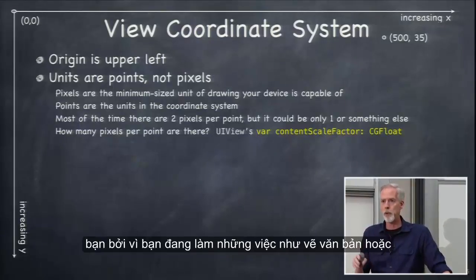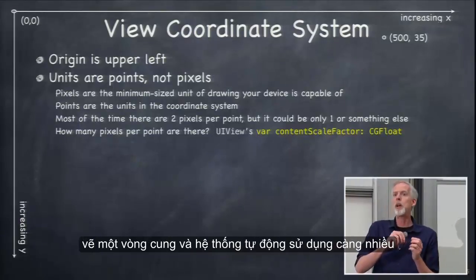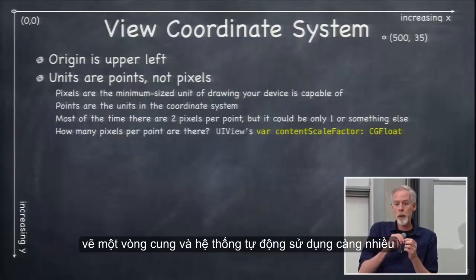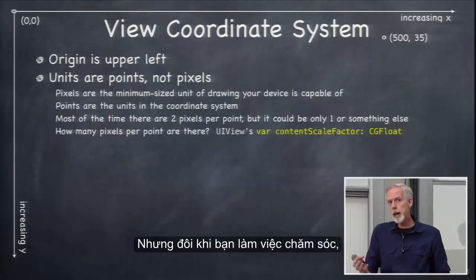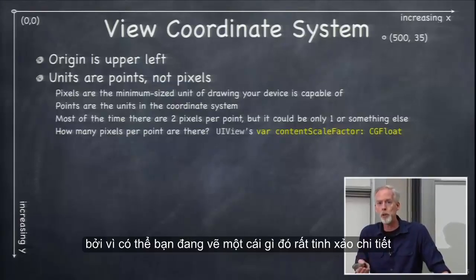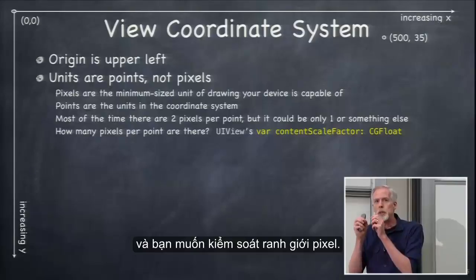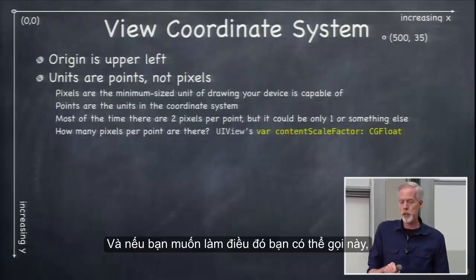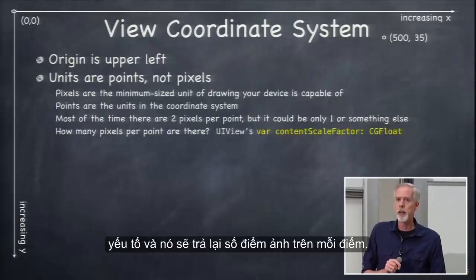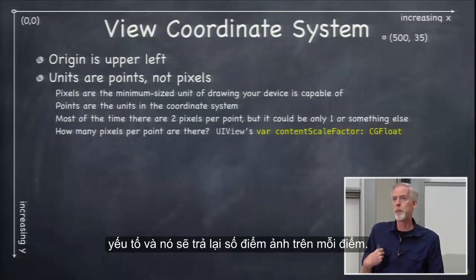It's automatically handled for you because you're doing things like drawing text or drawing an arc, and the system automatically uses as many pixels as it can to make things nice. But occasionally you do care, because maybe you're drawing something very finely detailed, and you want to control on pixel boundaries. And if you want to do that, you can get this property in View called contentScaleFactor, and it will return the number of pixels per point.